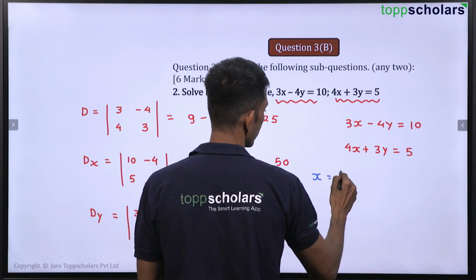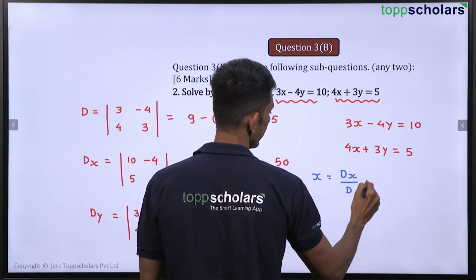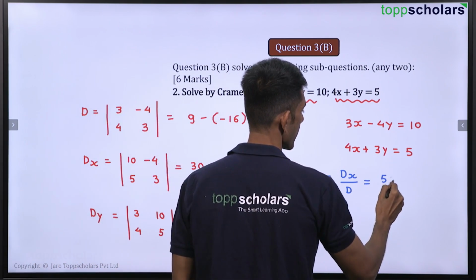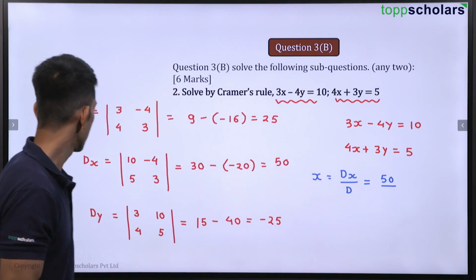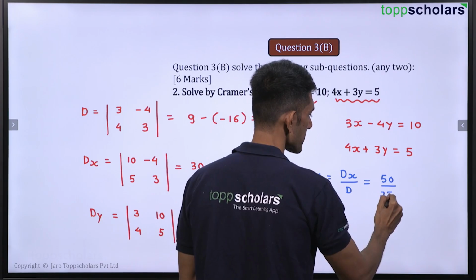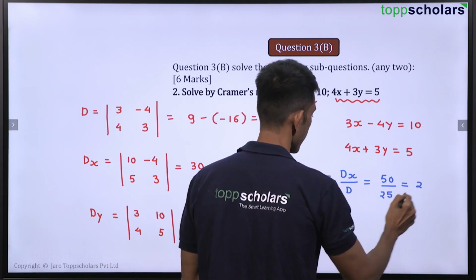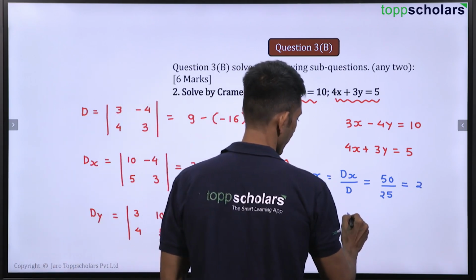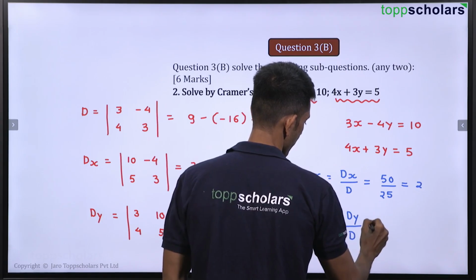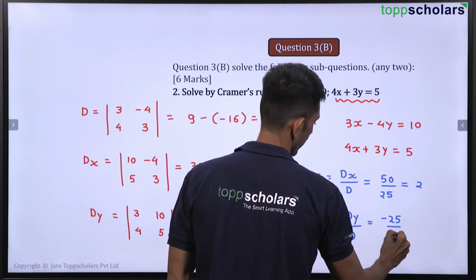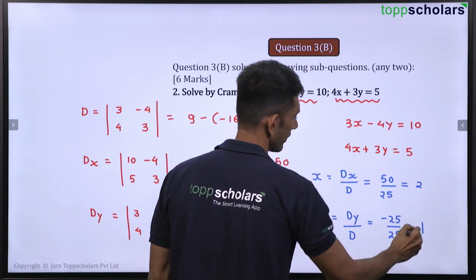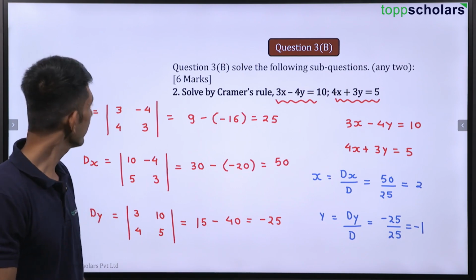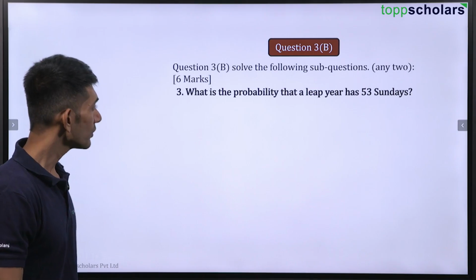X is given by Dx by D, that is 50 by 25, that is equal to 2, and y is equal to Dy by D, that is minus 25 by 25, that gives you negative 1. That's it. In this way you solve with the help of Cramer's rule. Easy, simple question.